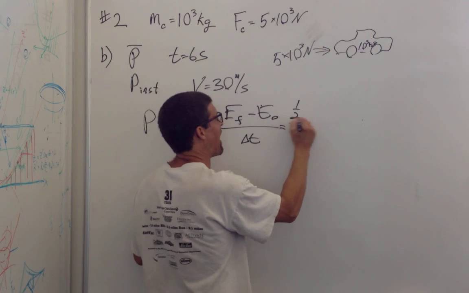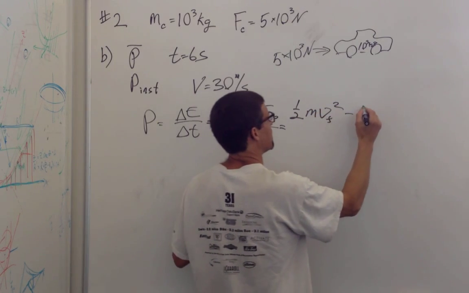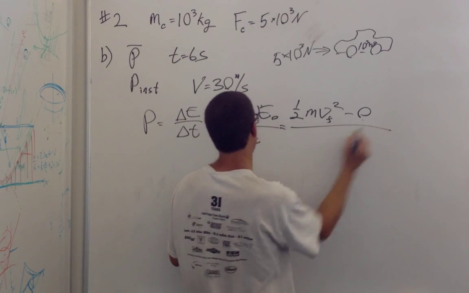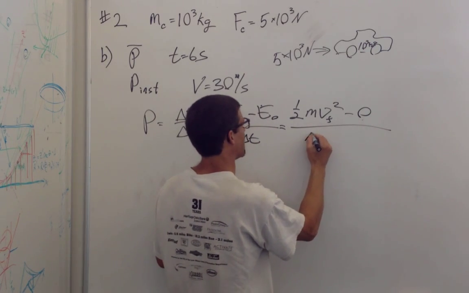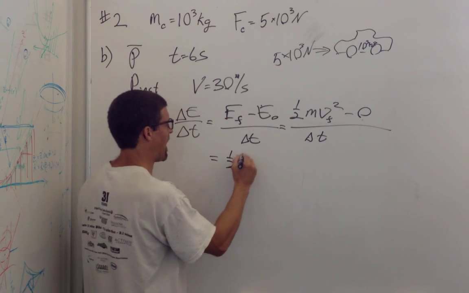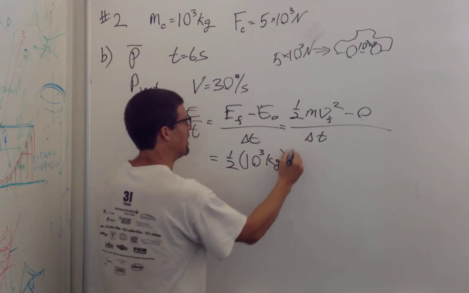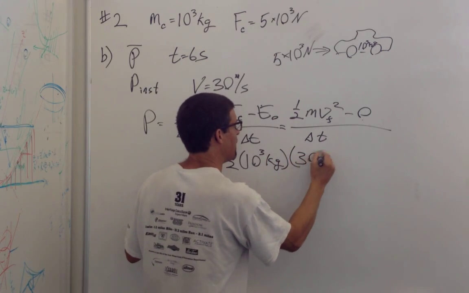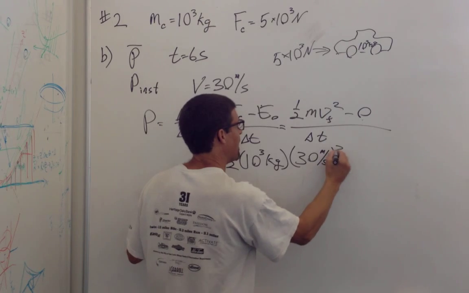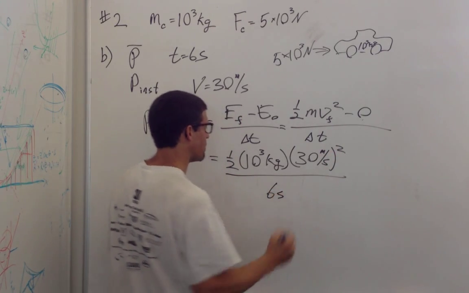So that's going to be 1/2 m v final squared minus E naught, which is 0, it's not moving, divided by that 6 seconds. So putting in the numbers, 1/2 times 10 to the third kilograms times 30 meters per second, don't forget to square that, divided by 6 seconds.